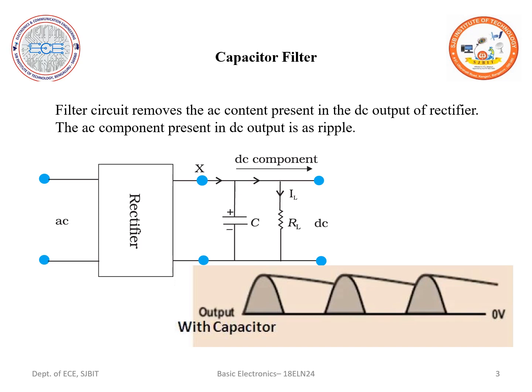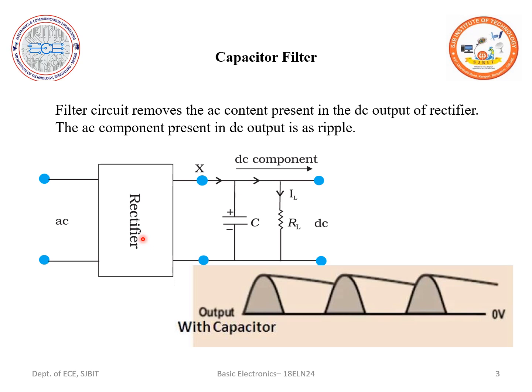You can look into the block diagram shown here, where for the rectifier we are giving AC as the input supply. Once it comes inside the rectifier, we know the rectifier is going to convert this into DC, which is not a pure DC again.